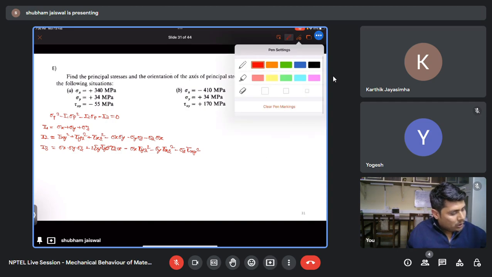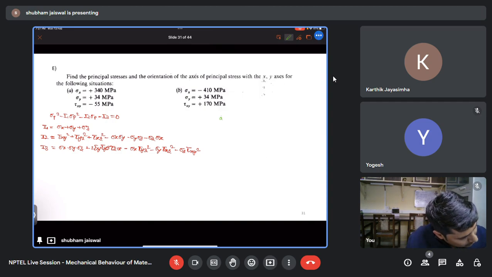So if I consider case A, sigma x is equal to 34 MPa, sigma y is equal to 34 MPa, sigma z is equal to minus 55 MPa.